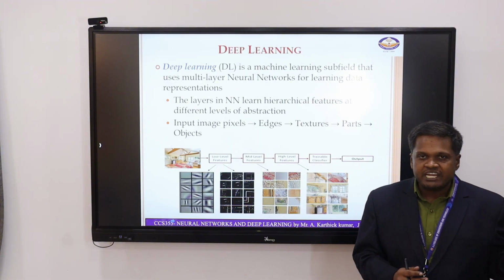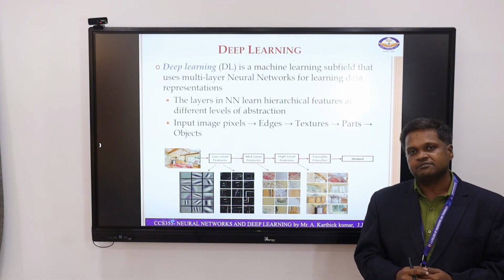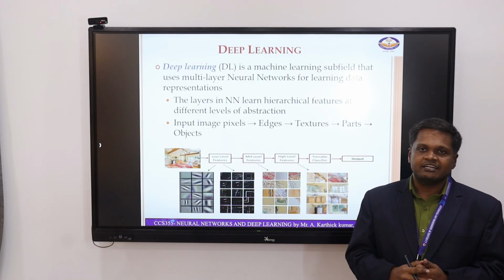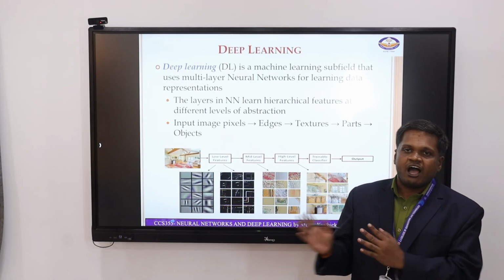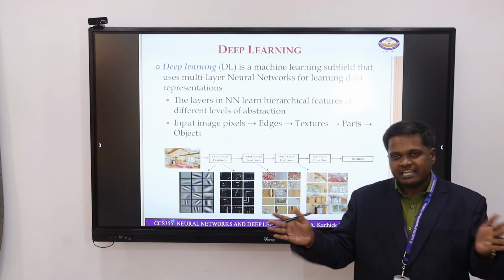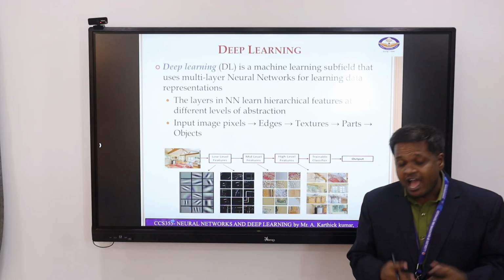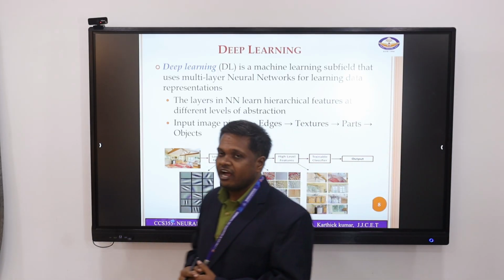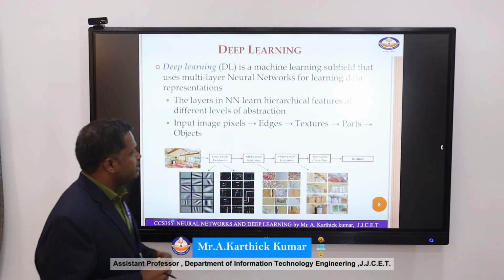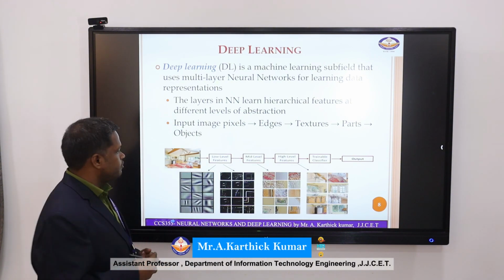We feed the data in the input layer, we process it by means of the hidden layer, and we predict the output in the output layer. So that is the multi-layer concept. We give abstractions about the data for accurate predictions. That's why we go for deep learning. Okay.